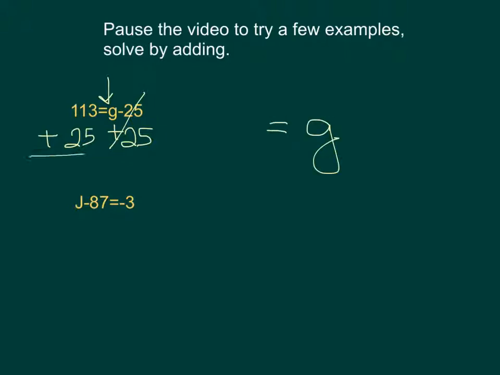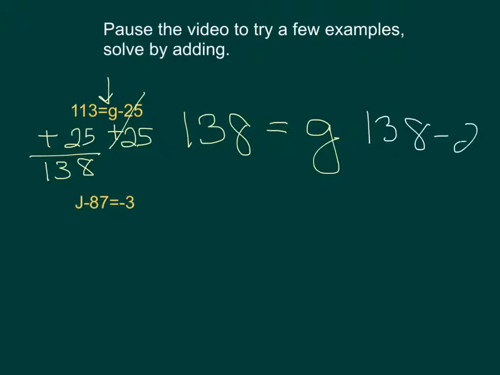And if we add 25 to the other side, we get 138. So we assume that g is 138. If you plug it in to the other side, you would have 138 minus 25 is 113. So you would say that those are balanced because what's on one side is the other, so it's equal.